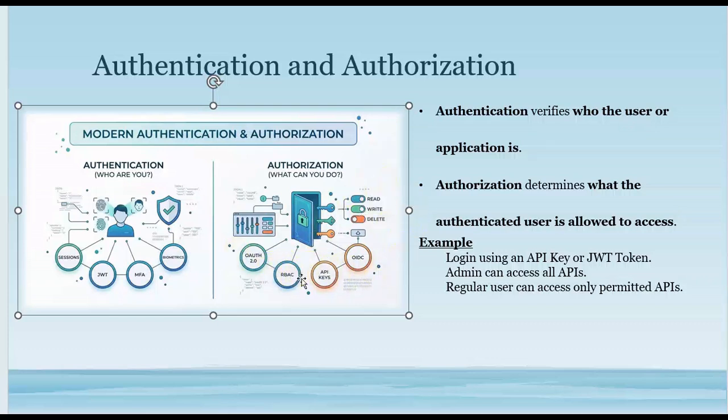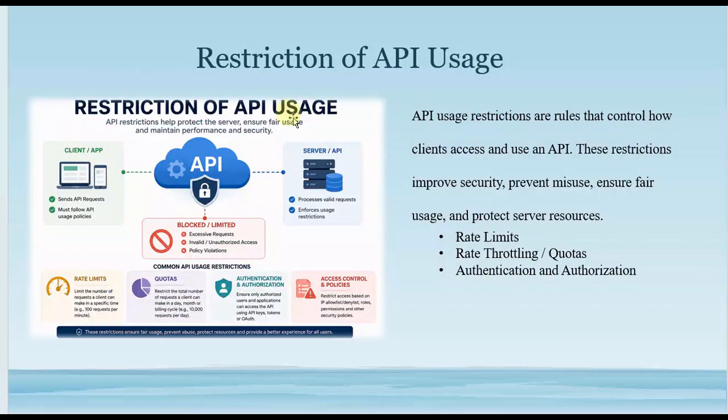Authentication comes first to identify the user, and authorization comes next to give access rights. Together they ensure secure and controlled access to applications and APIs. This is all about restrictions of API usage.